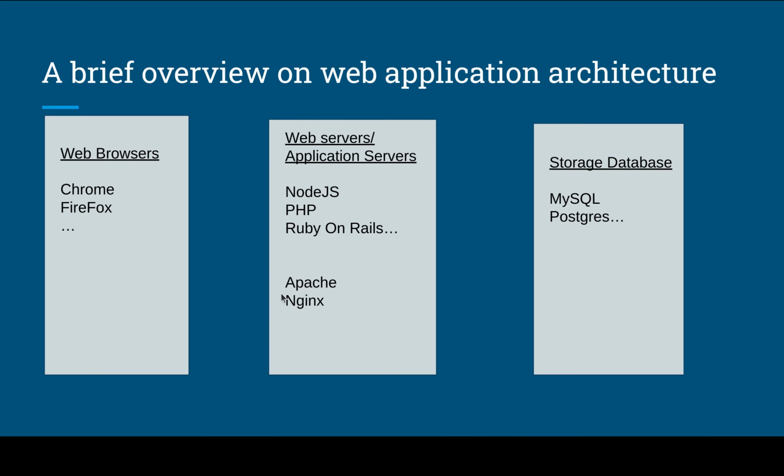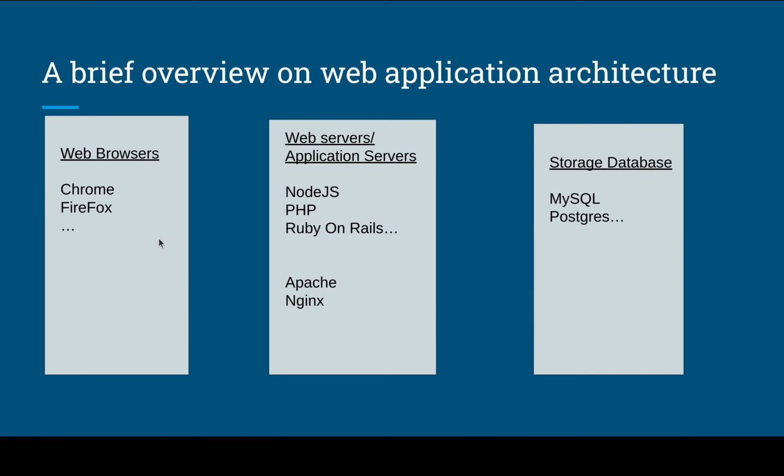the architecture goes like this. We have a web browser, which the end user interacts with. The end user is able to interface with the application from his or her web browser, and listed here are some examples of web browsers.